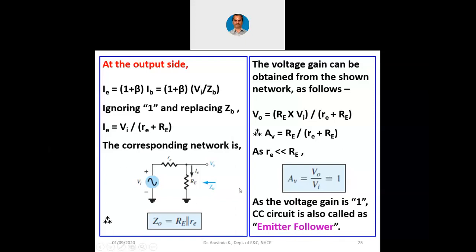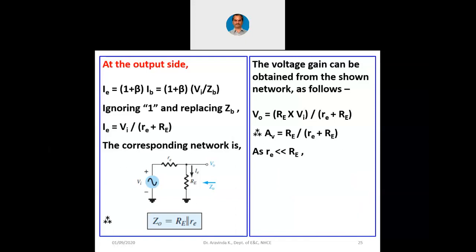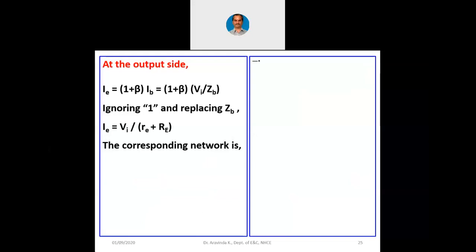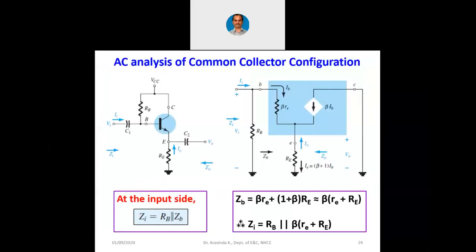Now, using this analysis, let us solve one exercise for the common collector configuration. So remember the formula. I am going to show you the formula once again. Zi is capital RB parallel with beta into small re plus capital Re. Please note down this formula.